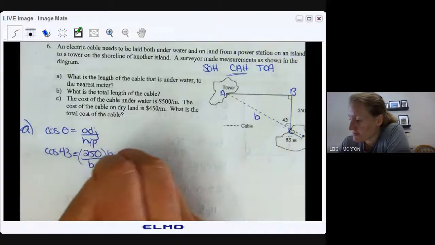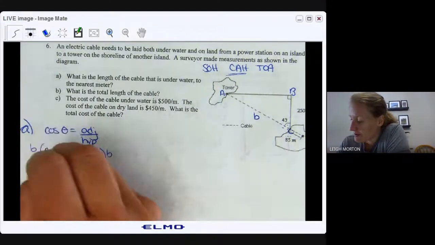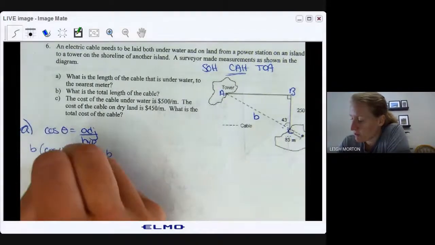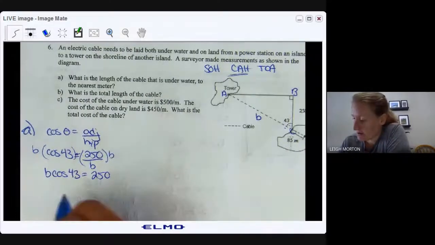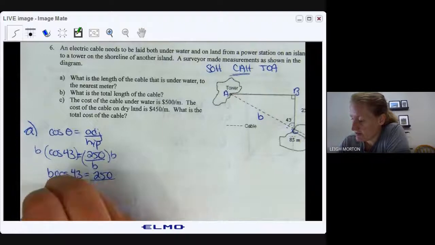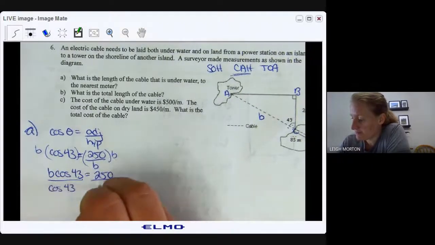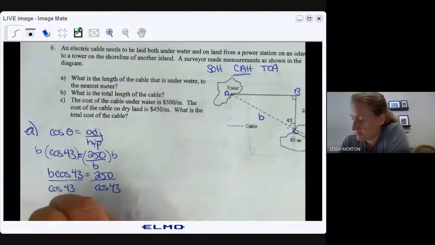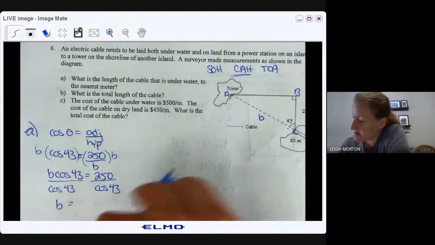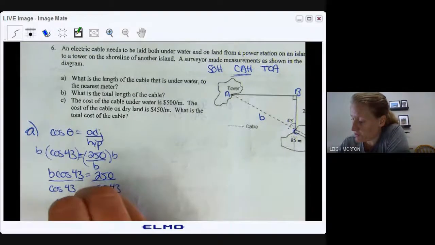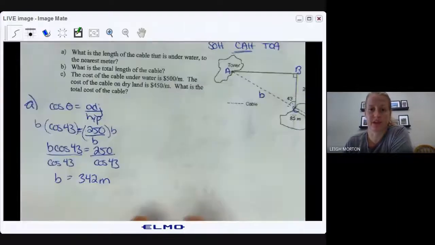So I'll multiply both sides by B. That gives me B times cosine 43 equals 250. Divide both sides by cosine 43. And that gives me, going to the nearest meter, 342 meters underwater.